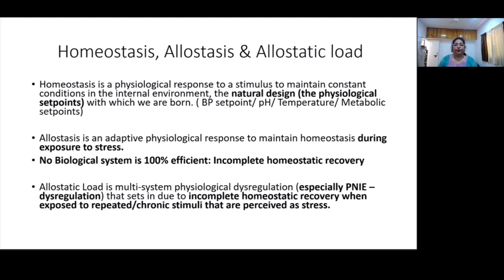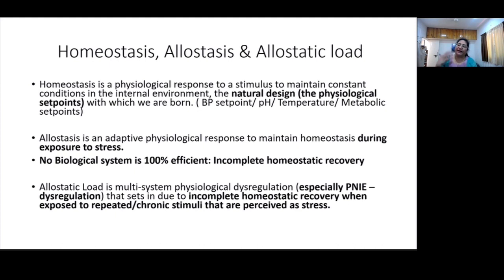And all of you know that no biological system is 100% efficient. So whenever we are exposed to any kind of stressful stimulus, the body responds to it. When the stimulus is withdrawn, a natural homeostatic recovery occurs. But as the biological system is not 100% efficient, an incomplete homeostatic recovery always occurs, and therefore some amount of error always remains.